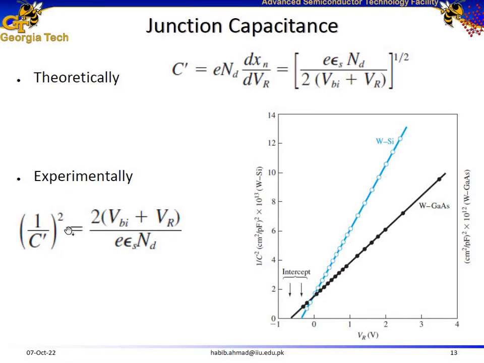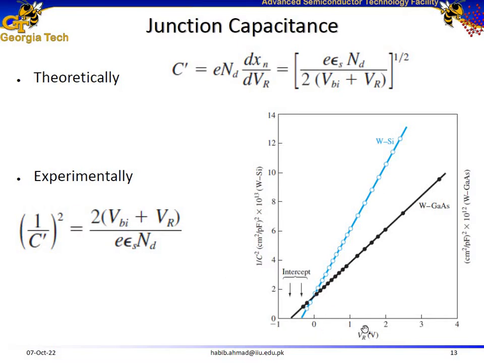Over here, 1 over C dash square is your dependent variable, VBI plus VR is your independent variable, and 2 divided by charge on electrons times permittivity times doping concentration is the slope of this line. So if you just simply calculate the slope, from the slope you can calculate ND as well.